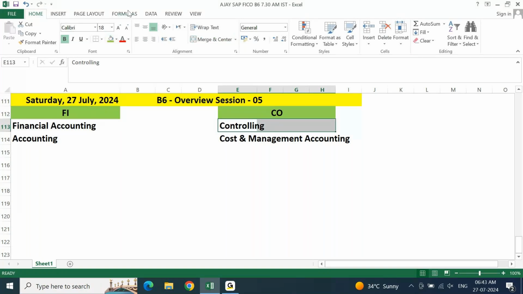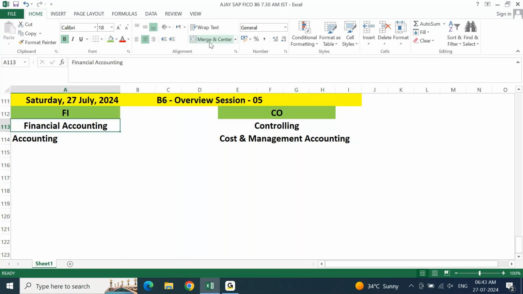This is your controlling, this is your financial accounting. Now, within this financial accounting and this cost and management accounting, we have some other modules or sub-modules or sub-components within the accounting, and sub-components within cost and management accounting or controlling as per SAP functionalities.